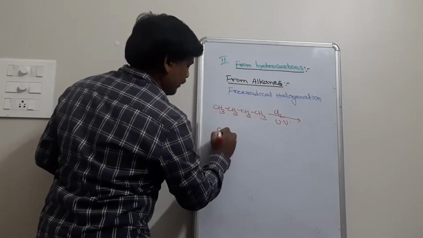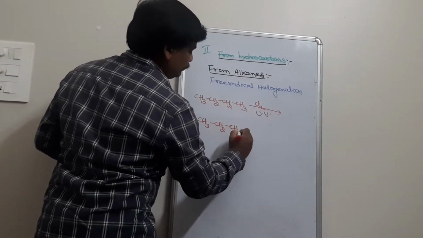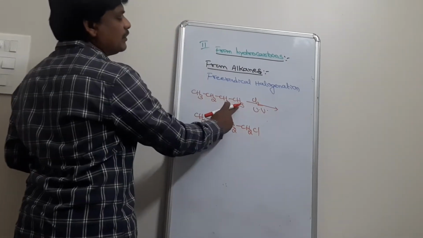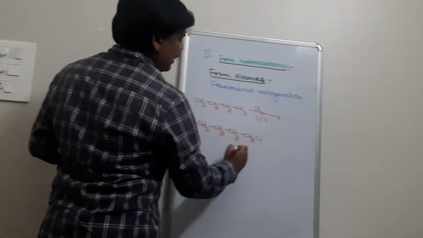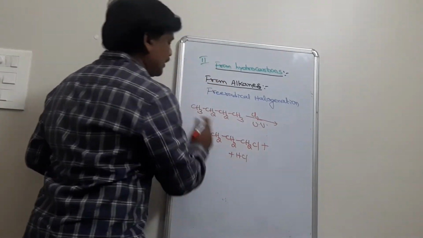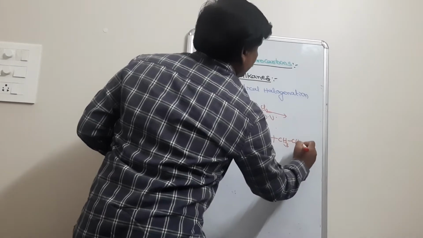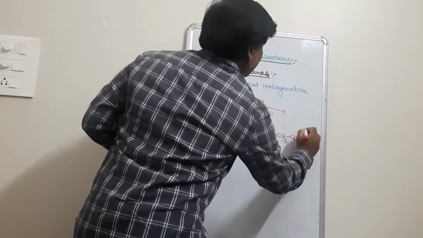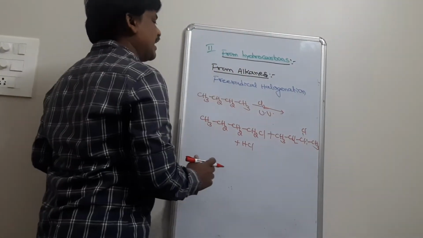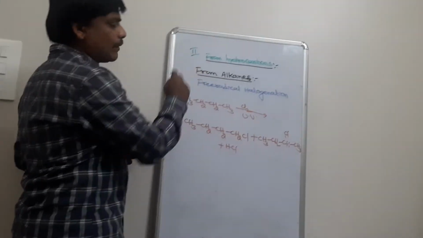So what we get is CH3CH2CH2CH2Cl. One hydrogen is replaced by chlorine and a byproduct is formed, that is HCl. So this is one product. Another product is CH3CH2CHClCH3. So in this case we get a mixture of alkyl halides from alkanes.